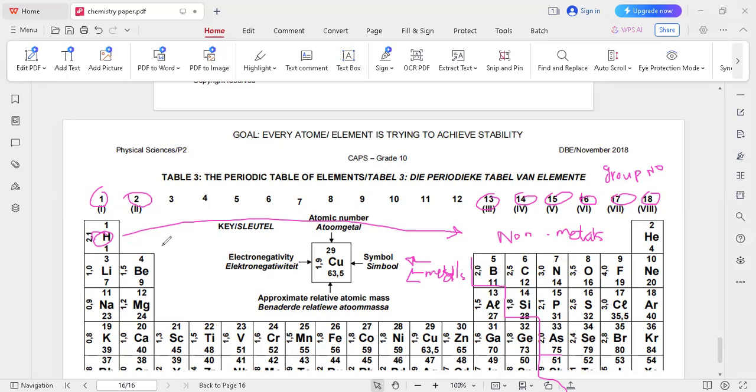For example, if you have a non-metal and a non-metal being bonded together, what type of bonding is that? Take an example: hydrogen being bonded with chlorine. What type of bonding is this?